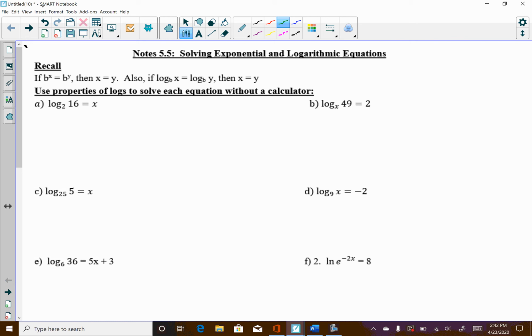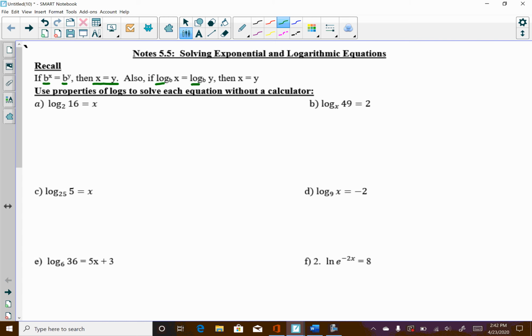We'll also use the property you see up here at the top: when you have the same base raised to different powers, it's legal to drop those bases and let the powers equal one another.